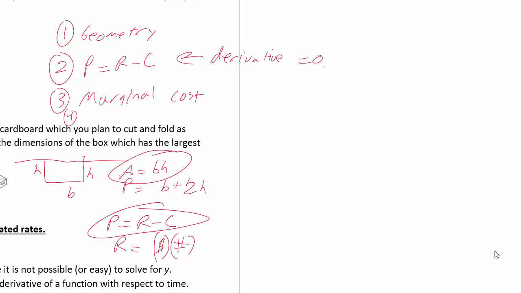I kind of see them as really based off of the revenue type equation, that kind of idea, but it was the problem like we did in the notes. I forget exactly which one we did in the notes. I think it was the rebates and the TVs where you're setting up the change. I'll just reference it as a rebate type problem, where you are looking at how things are changing.